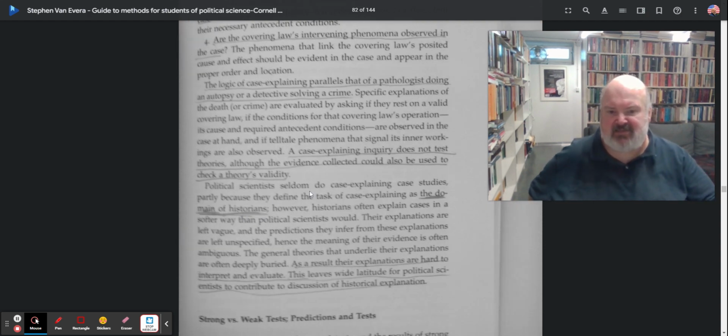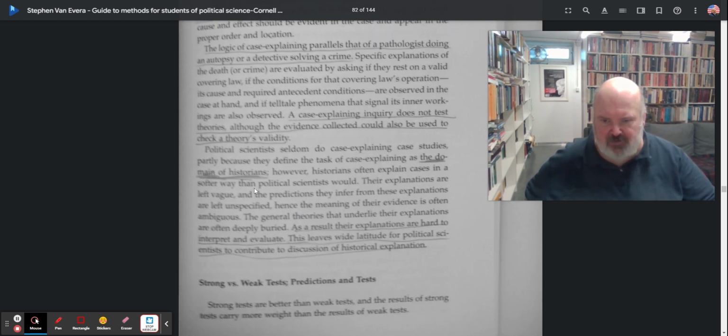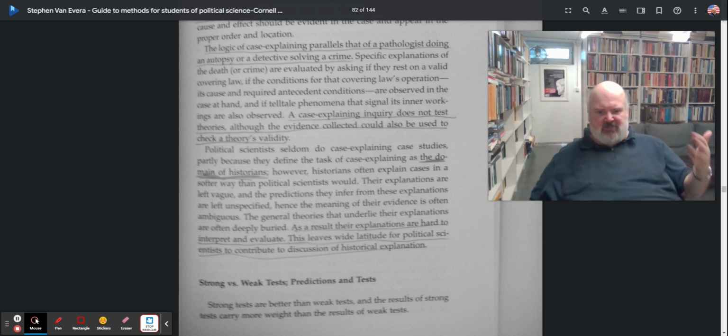Political scientists seldom do case explaining case studies, okay? Partly because they define the task of case explaining to the domain of historians. However, historians often explain cases in a softer way than social scientists would. In other words, they explain the cases in a softer, not hard way.